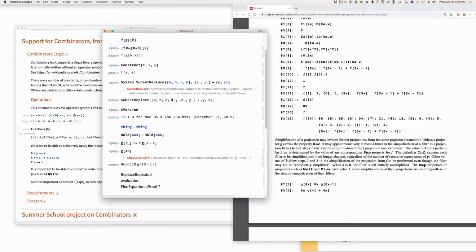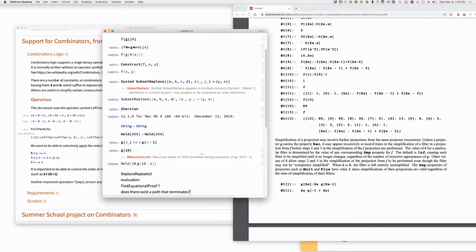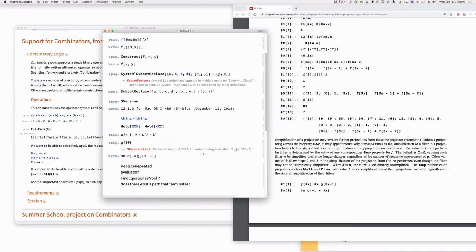And the big issue is, does there exist a path that terminates? Right? Yes. And now, is there one strategy that will find it?